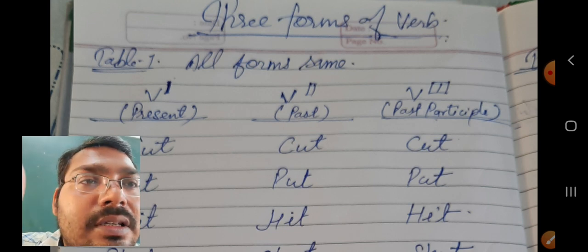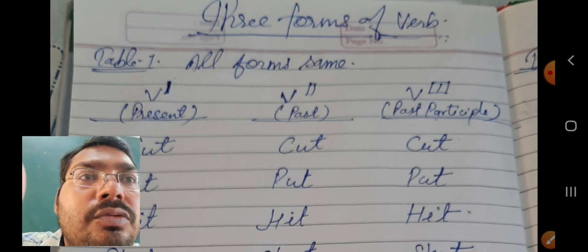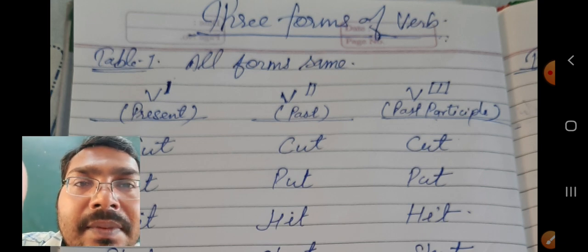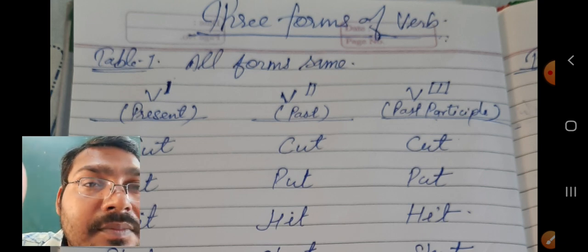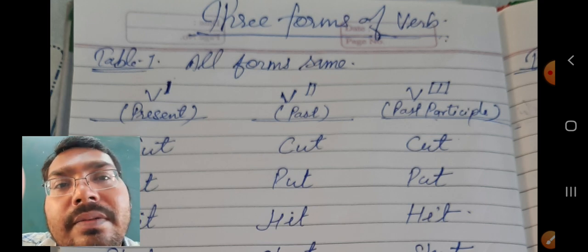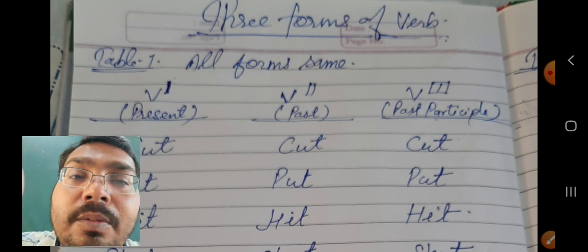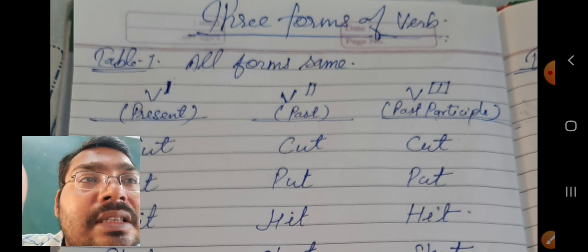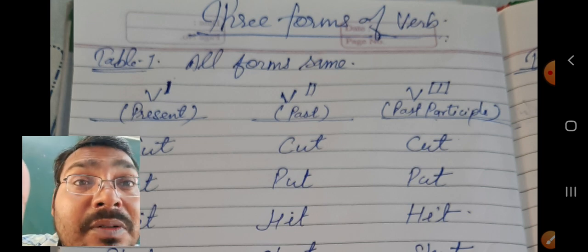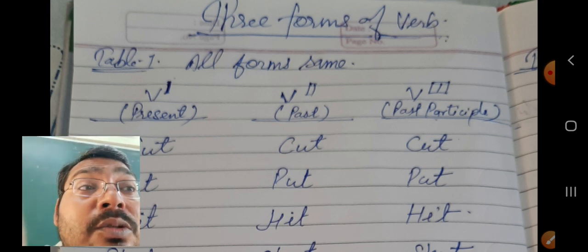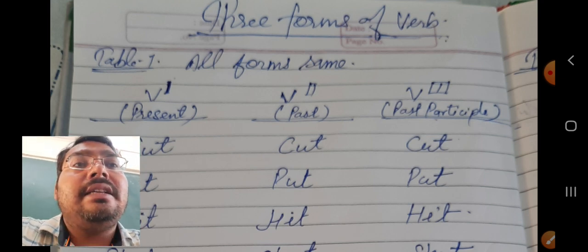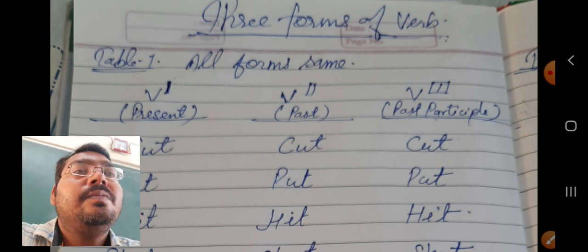If you don't know about these three forms of verb, then you will have problems in understanding tenses, because there is a lot of use of these three forms of verb in the tenses. So for that purpose I designed this for you.